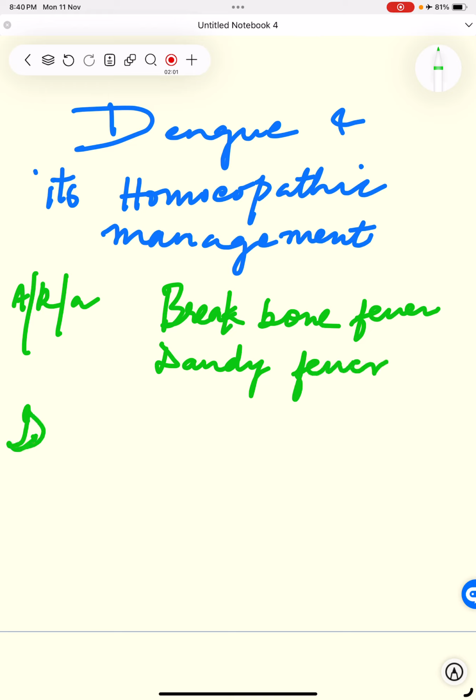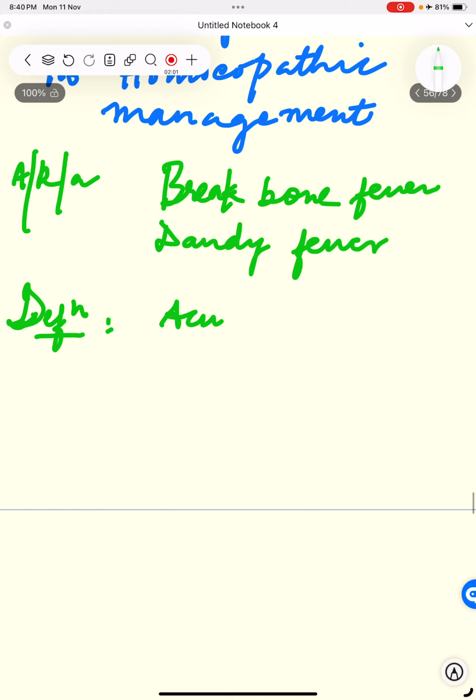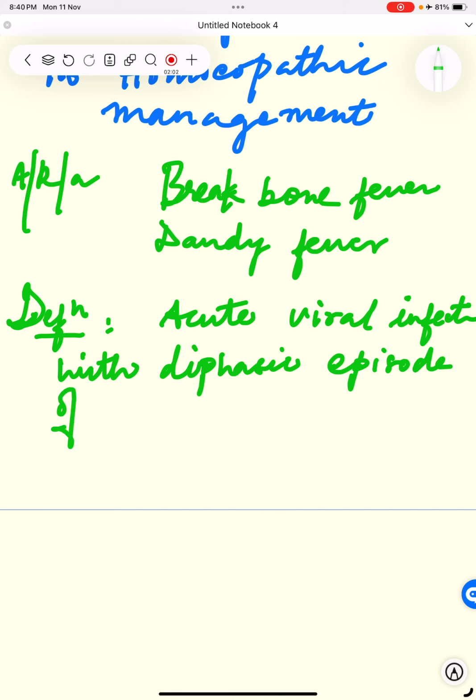Now just to give the definition of dengue, it is an acute viral infection with a diphasic episode of fever.